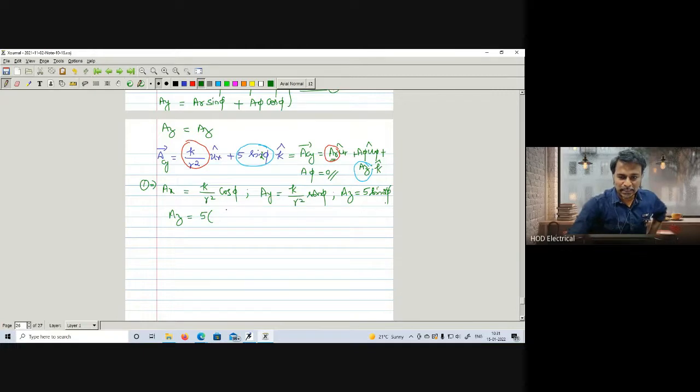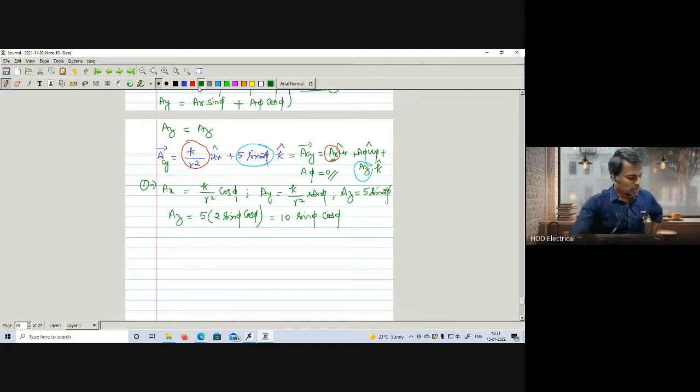Sin 2 phi is nothing but 2 sin phi cos phi, therefore 10 sin phi cos phi. Any changes? Yes, this is also sin 2 phi, please correct it. Otherwise, if you derive it with sin phi, no issue; you will end up with the correct answer. So 5 into sin 2 phi, therefore 10 sin phi cos phi.